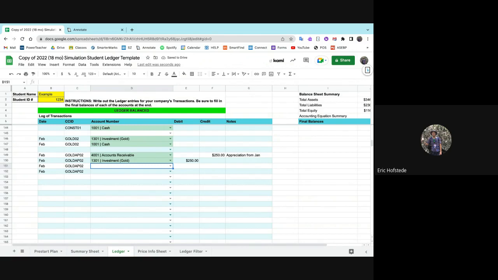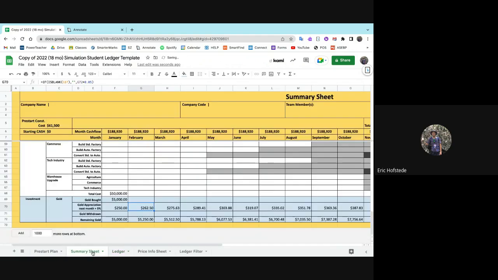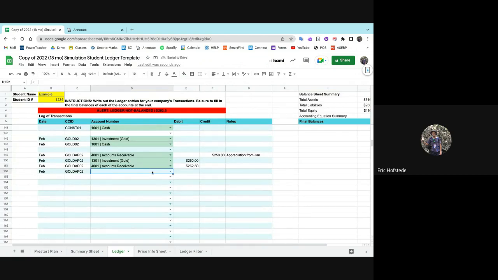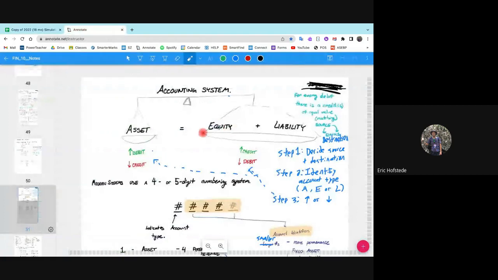All right, so I'm going to fill up my accounts receivable again, and this time it's going to be $262.50. All right, and how do I balance that? Well, that's interest that I'm gaining. It's increasing my net worth. That's my retained earnings going up, and retained earnings or equity goes up as a credit.